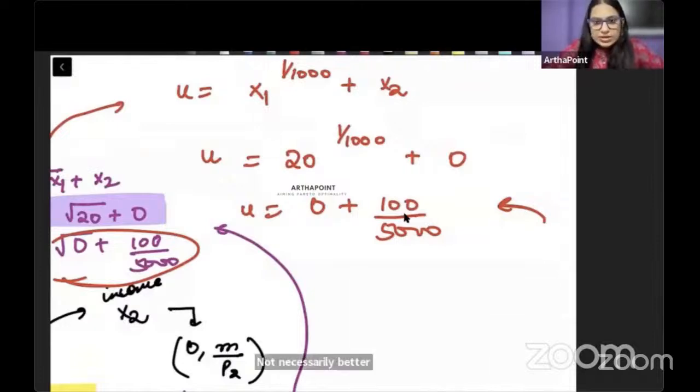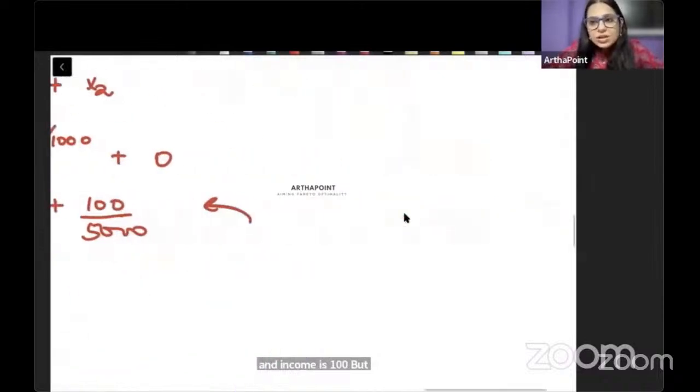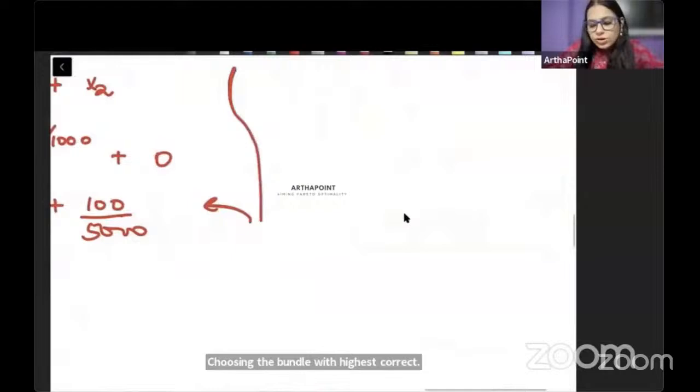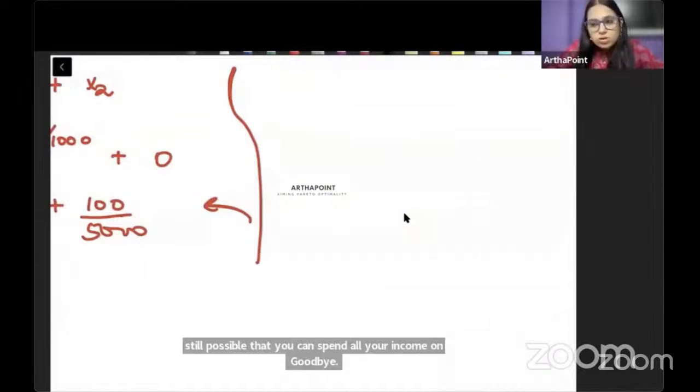Try to understand that although the price of good 2 is 5000 and income is 100, choosing the bundle with highest utility is correct. But it is still possible that you can spend all your income on good 2. We assume good 2 to be a continuous good, which means consumption in decimals is possible.